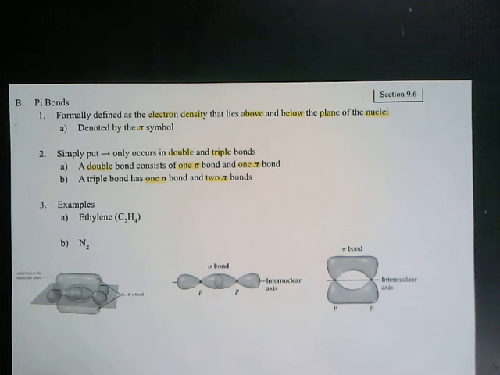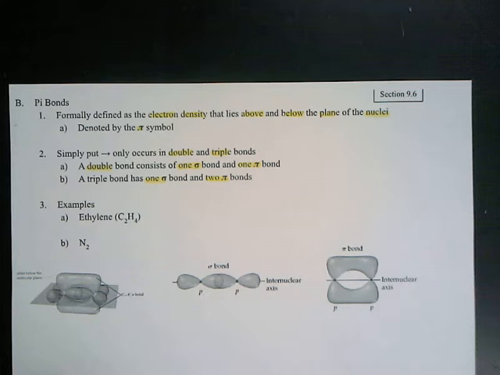So the only way we can get these atoms close enough is in a double and a triple bond. Now, a good little rule of thumb here is a double bond is going to have one sigma bond and one pi bond, and a triple bond has one sigma bond and two pi bonds.